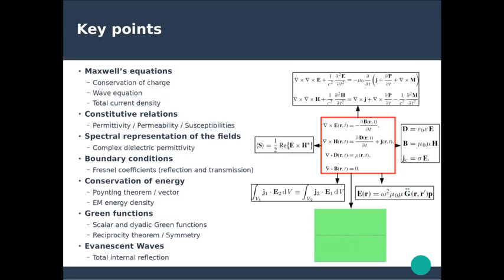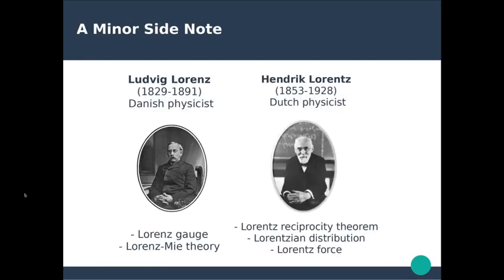Finally, I wanted to finish up with a minor side note. I mentioned both the Lorenz gauge and the Lorentz reciprocity theorem, which have been spelled differently. They come from two different physicists. Ludwig Lorenz was a Danish physicist, and he's the one who gave his name to the Lorenz gauge in electromagnetism, and the Lorenz mean theory that we're going to be discussing in the plasmonics chapter.